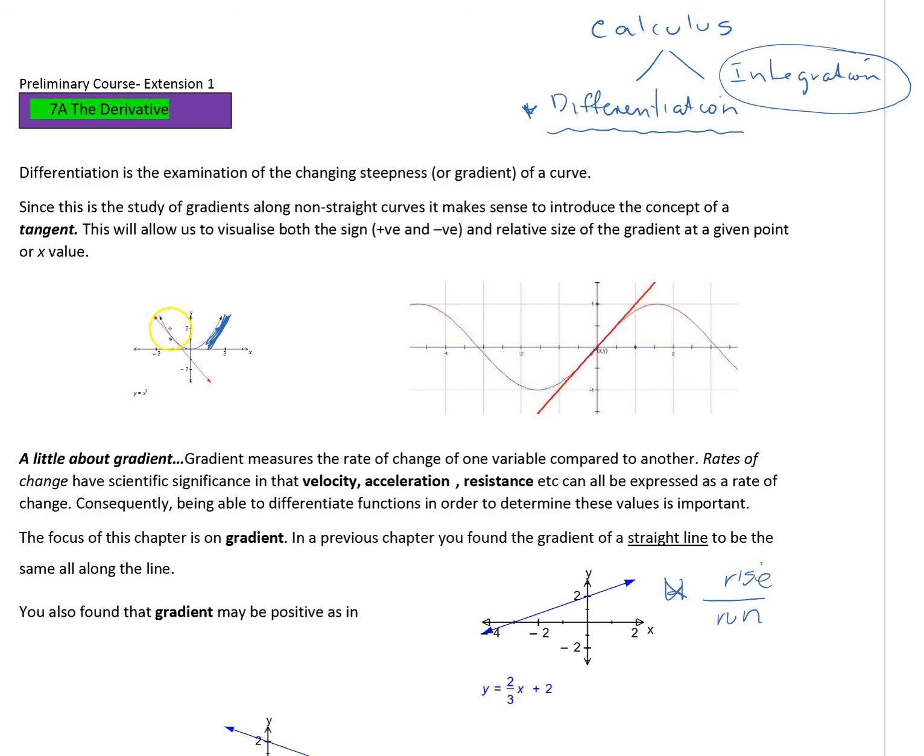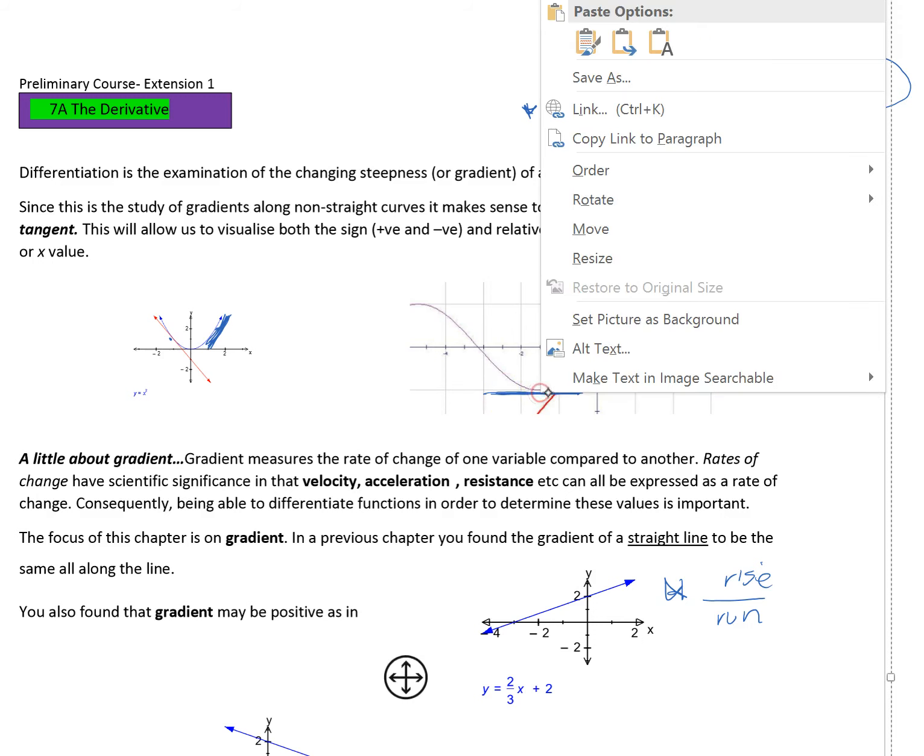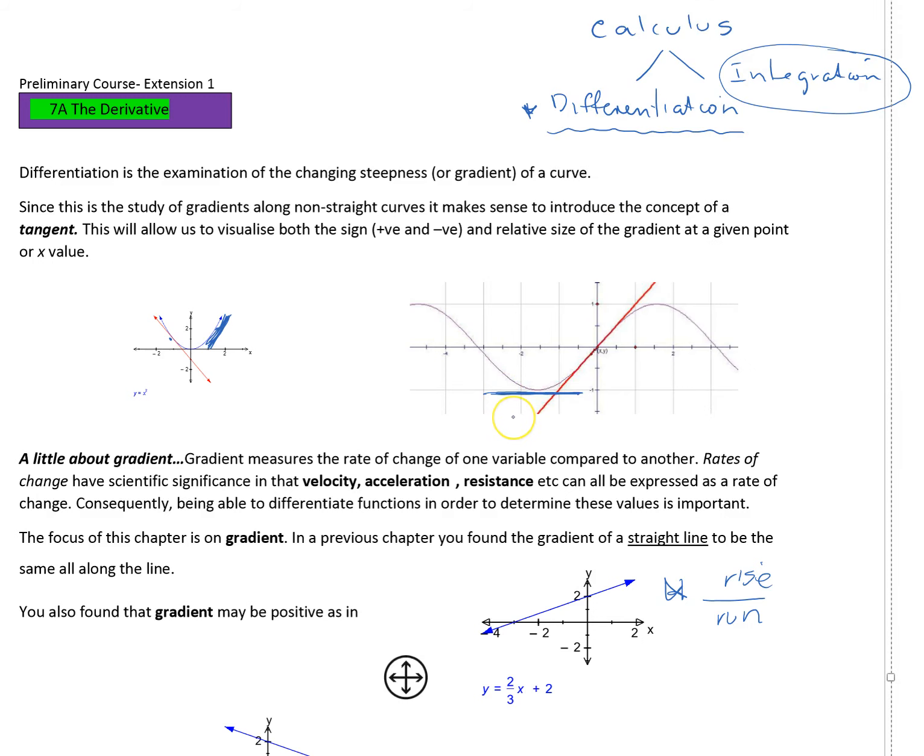And in fact, if on this graph I draw my tangent here, I say that the gradient at this point has zero slope. Now, all of those variations, zero slope, positive slope, negative slope, give engineers, scientists, mathematicians, extremely important information.